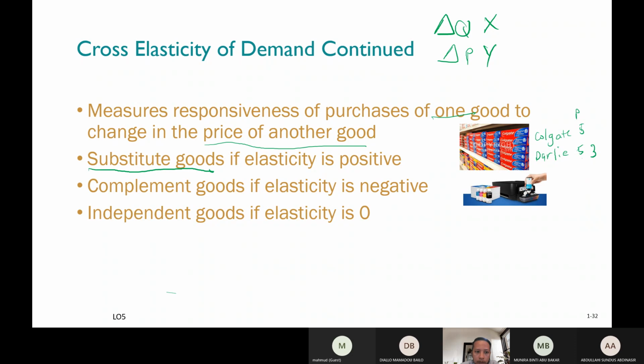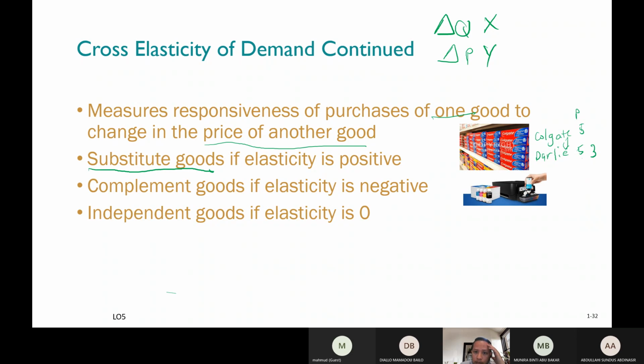Because of that, the quantity of Colgate being sold will perhaps reduce. Why? The people that were buying Colgate previously now switch to Dali because of the price change of Dali.